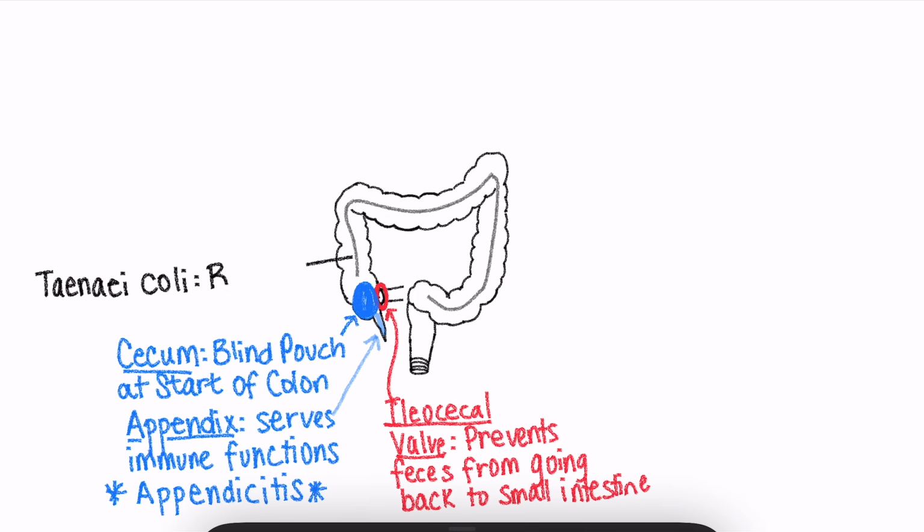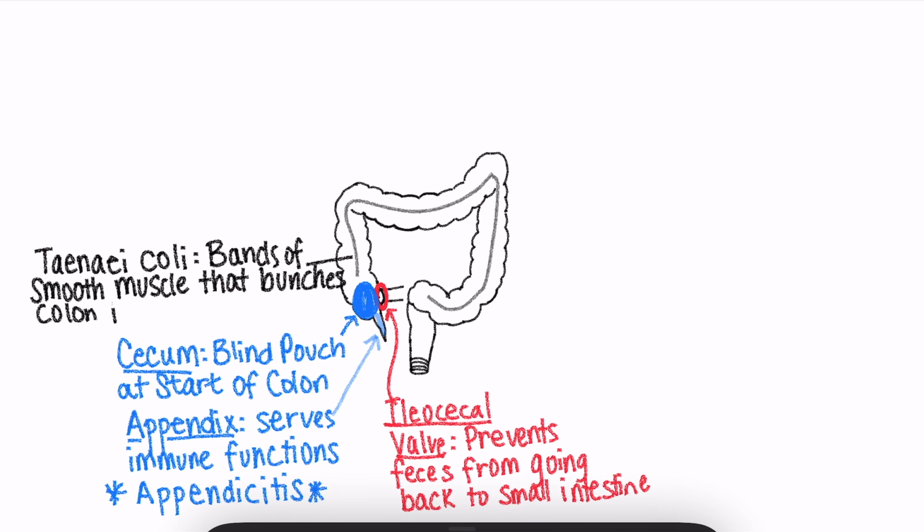And these are bands of smooth muscle that bunches the colon into segments. And we call those segments haustra, like little bands of sausage, basically.